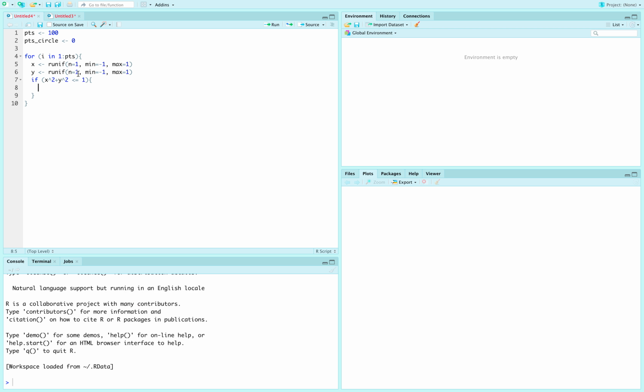So yung number of points inside the circle ay madadagdagan ng isa. That means the points inside the circle is actually equal to the points inside the circle plus 1. Right?